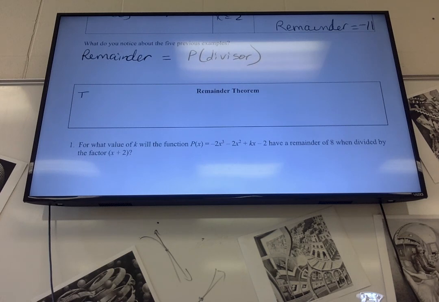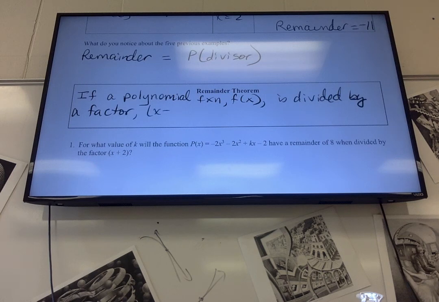So we're going to write that out a little bit more eloquently. If a polynomial function, f of x or whatever, is divided by a factor, we'll call it x minus a, then the remainder must equal f of a.